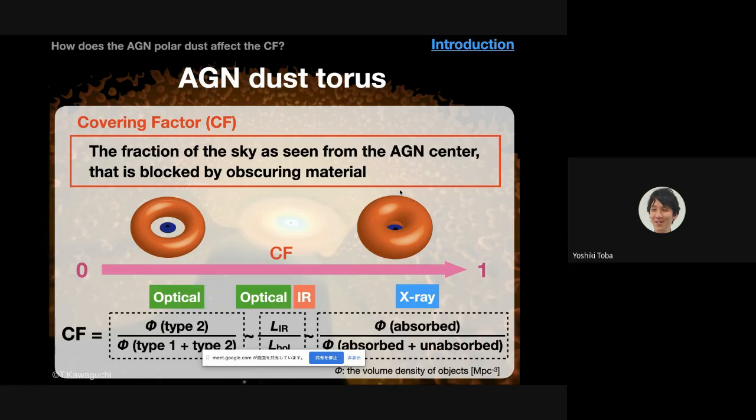Also, this covering factor is often defined as a fraction of type 2 AGN, or a luminosity ratio of infrared to bolometric luminosity, or a fraction of X-ray absorbed AGN among the entire population. So in this work, we employ this luminosity ratio as an indicator of covering factor.